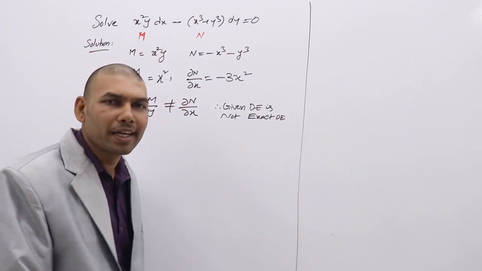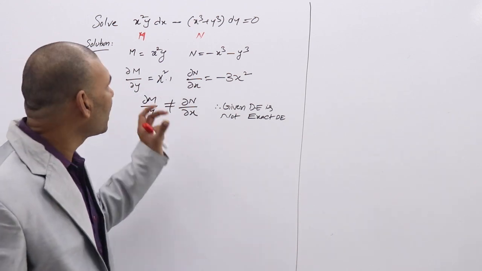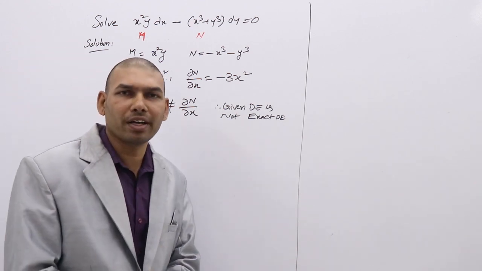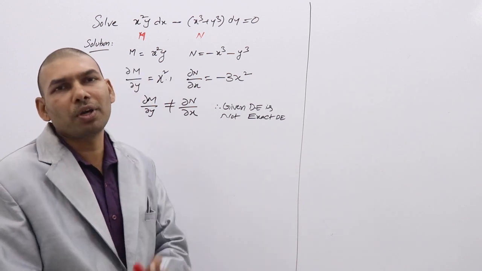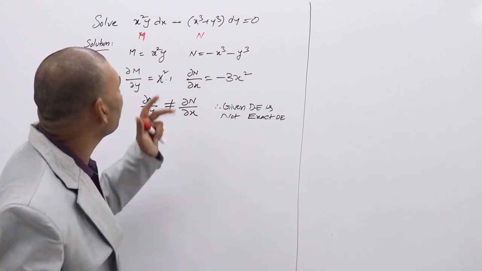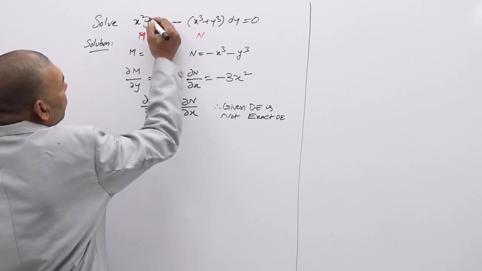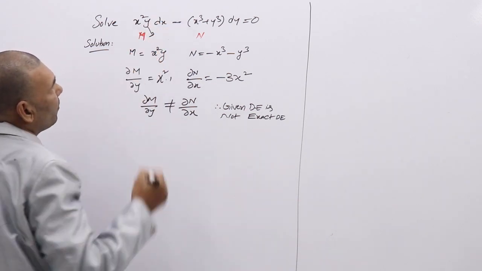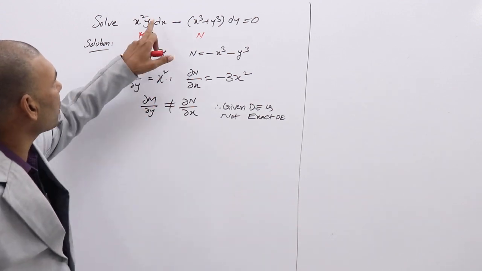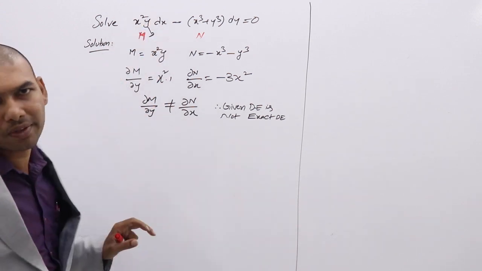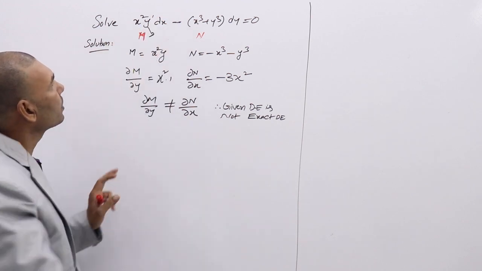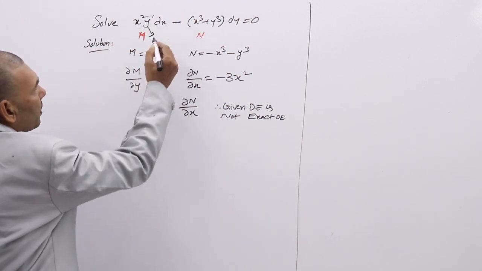There are so many integrating factors. Depending on the nature and the form of the given DE, we select the suitable integrating factor. Now if you observe the given DE, you have x square y. The degree of x square y: when two terms are in product, to find degree add exponents. Y power you are having 1. 2 plus 1, 3.